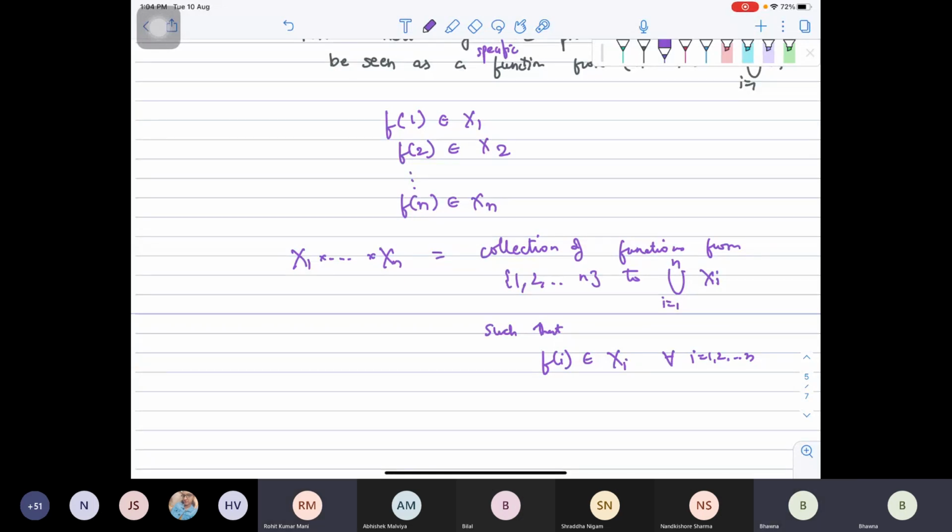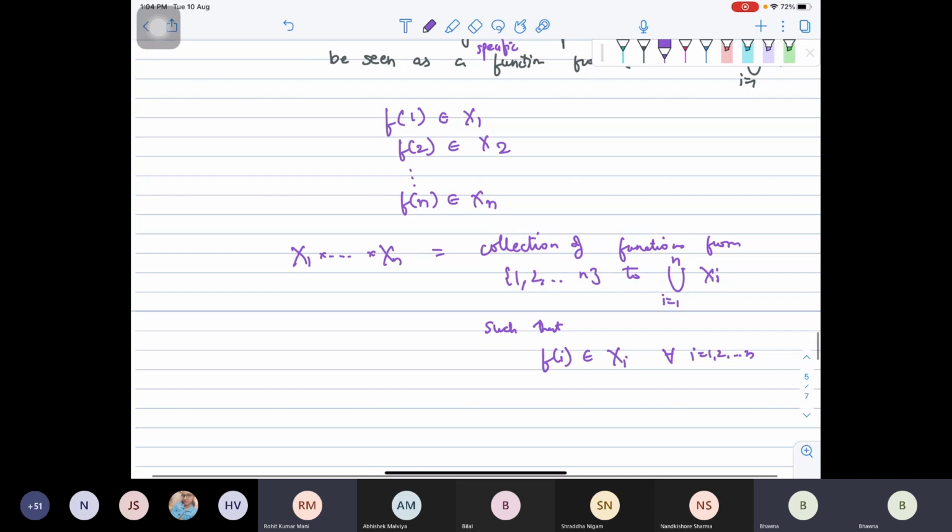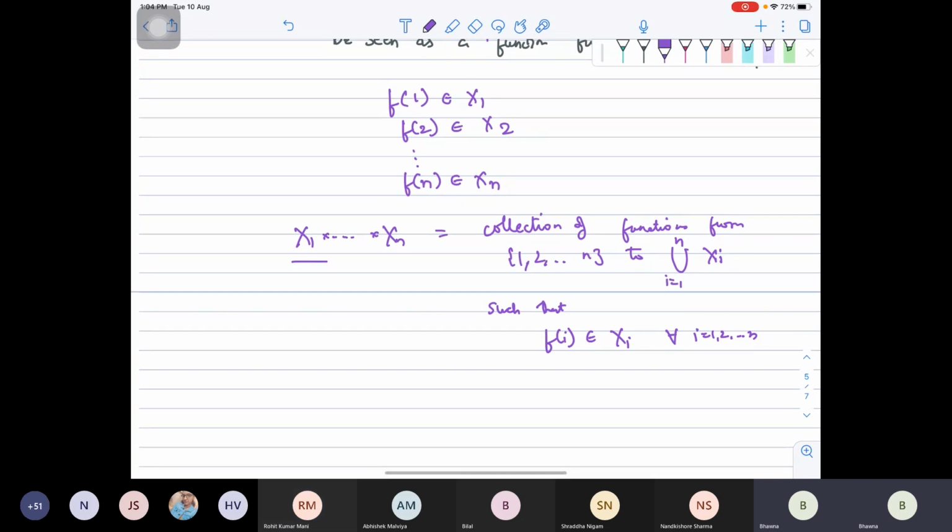Whenever we are taking the product, for every single position, I will not write it like this. I'll write it as product Xi, i from 1 to n. Now this 1 to n becomes the index set.